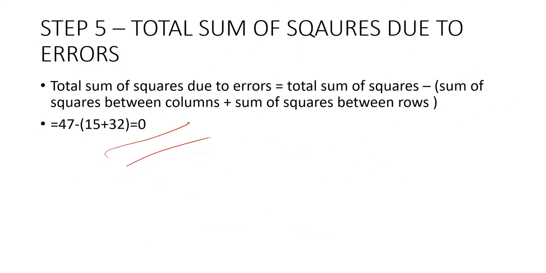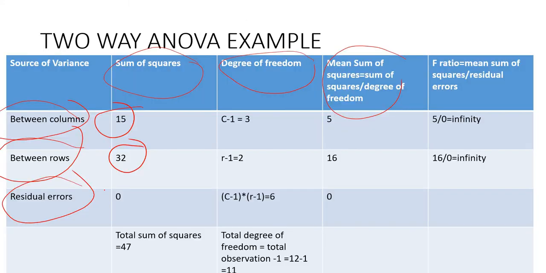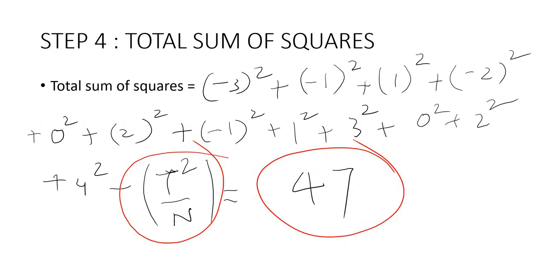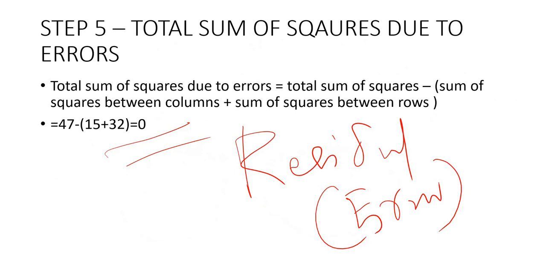And you got the residual errors, which is the total sum of squares due to errors. This is known as the residual or error. You put it here, it is 0. You got all those values: 15, 32, and 0.